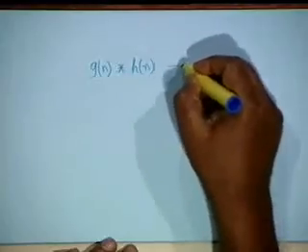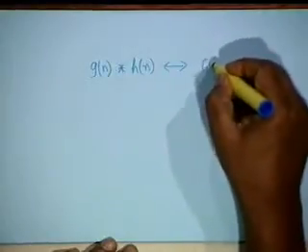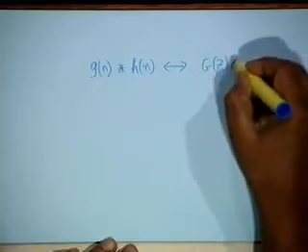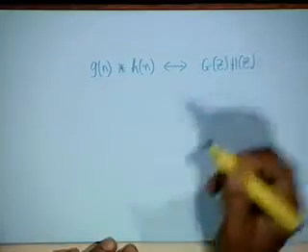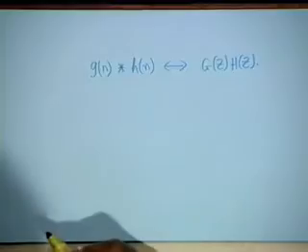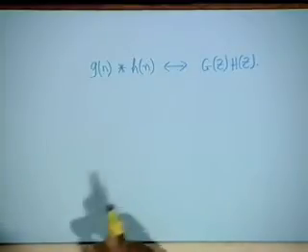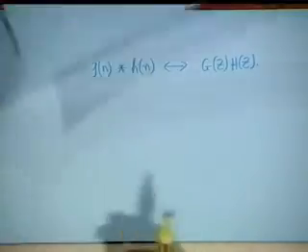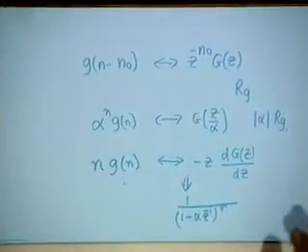If we have a linear convolution of two sequences g of n and h of n, the corresponding Z transform is the product of the two. And the region of convergence now, well, what is the region of convergence here? I didn't mention this.